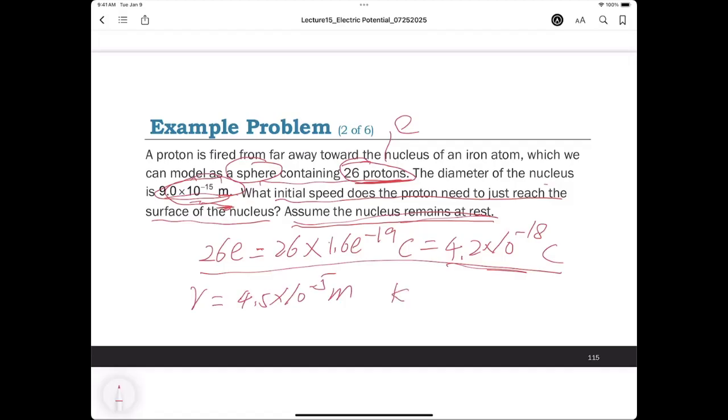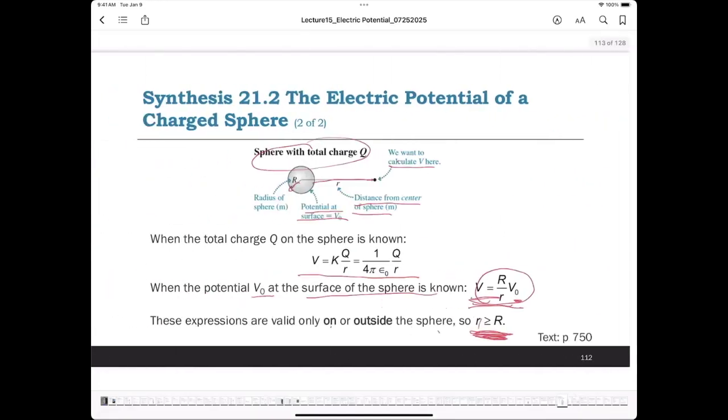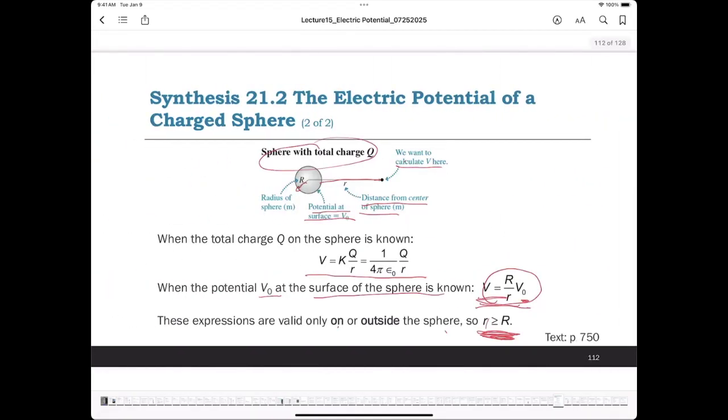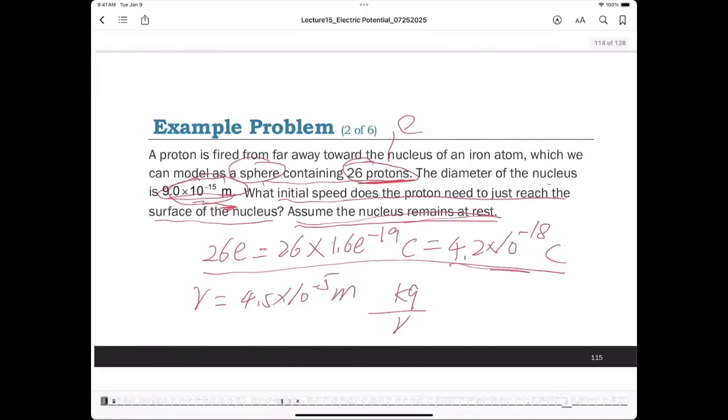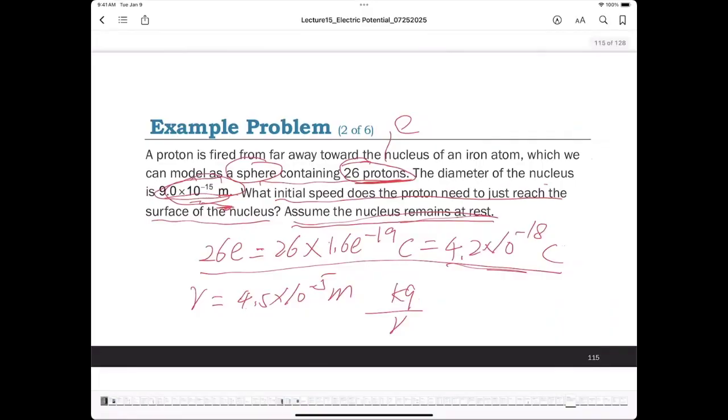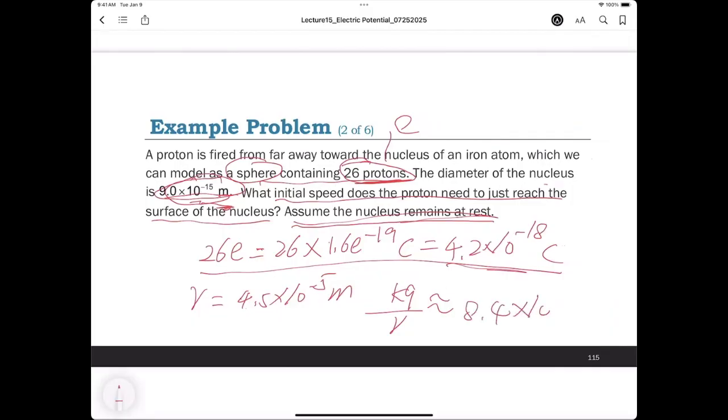We can use this equation that we talked about in last class. Let us review it. This is the potential equation. Does it make sense to you? So we use this equation, and it will equal this.